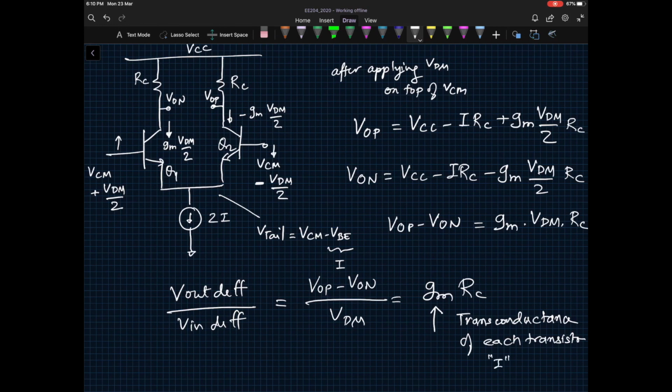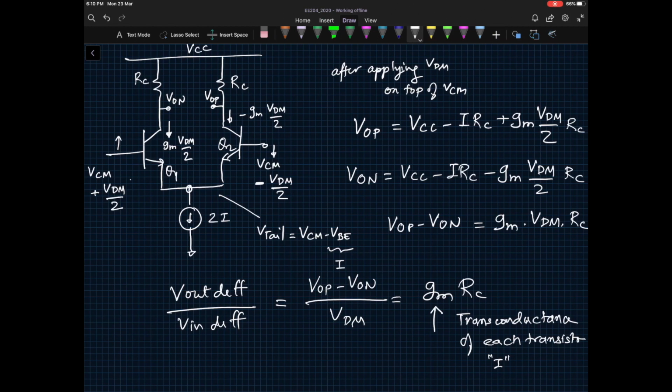Also, one more thing I would like to bring to your attention is when the left side goes up and right side goes down, right? The voltage across the tail current source doesn't change.